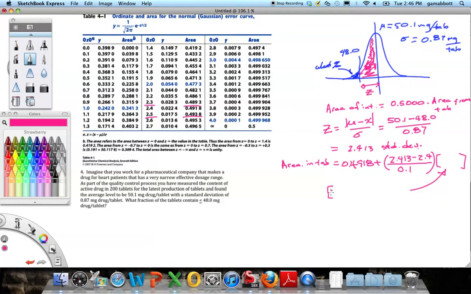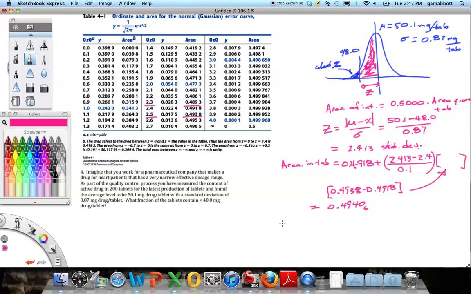Well, it's the bigger value, 0.4938, minus 0.4918. Okay, when we do all that arithmetic, we find that that area in the table is equal to 0.4940, and the next digit would be a 6. So that's the red area.